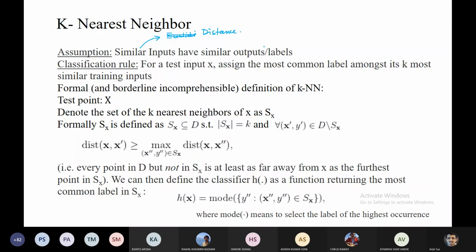So what is the rule? Classification rule: for a test input x, assign the most common label amongst its k most similar training examples. Now, what is the point here?